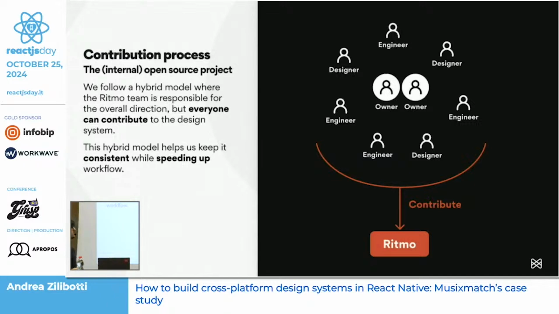But the reality is that those who contribute to the system are all the people around. So we are very product driven, so we don't want to be a bottleneck for a team who work on a specific product and need a new feature on an existing component, or need a totally new component.